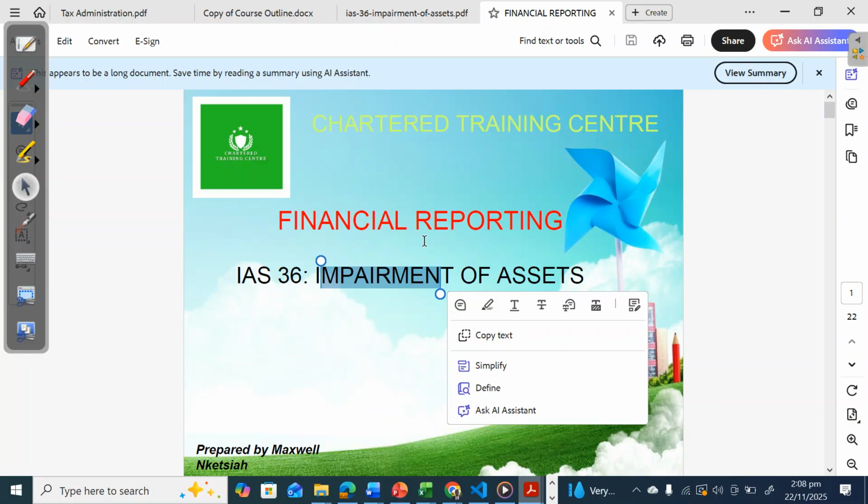So that is the meaning of impairment in English. When we translate it to accounting, specifically impairment of assets, we are talking about assets that are operating below capacity or assets that have lost part of their value.